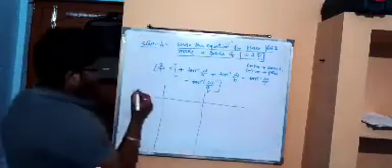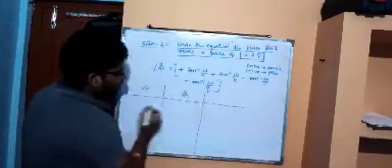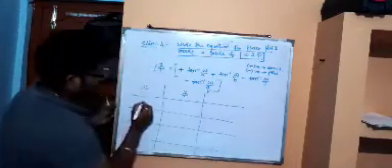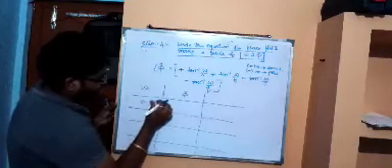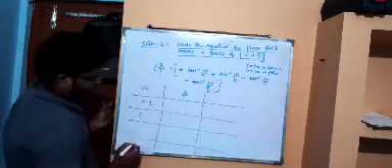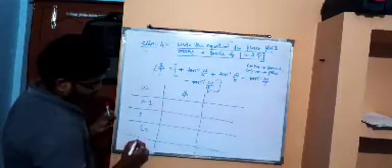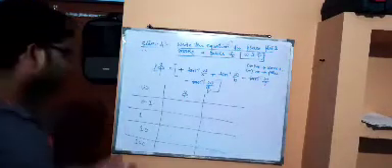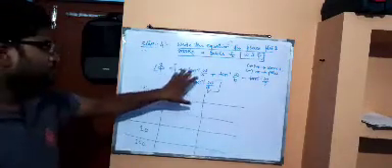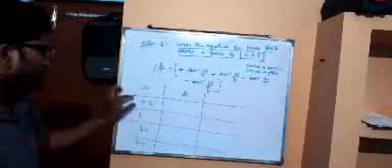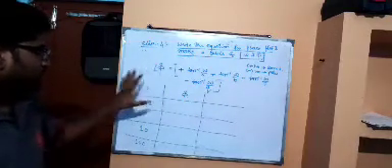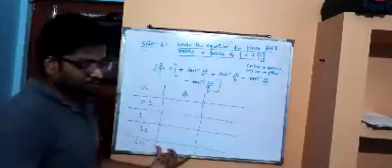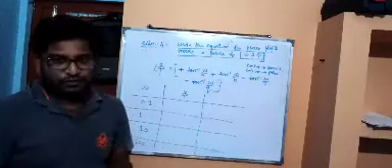Here omega and here phase angle. The values should be 0.1, 1, 10, 100. For these different values of omega, we need to calculate the value of the phase angle. This is your fourth step.